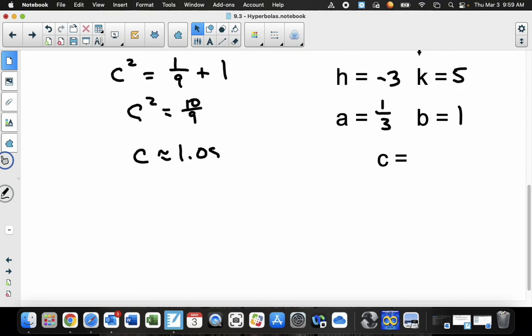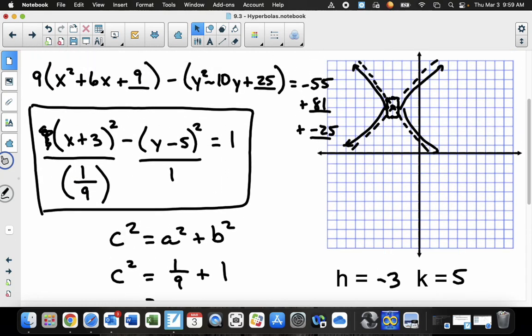Okay, we'll go 1.05. That works. And once again, then we just go 1 point a little bit and 1 point a little bit. Okay? All right.